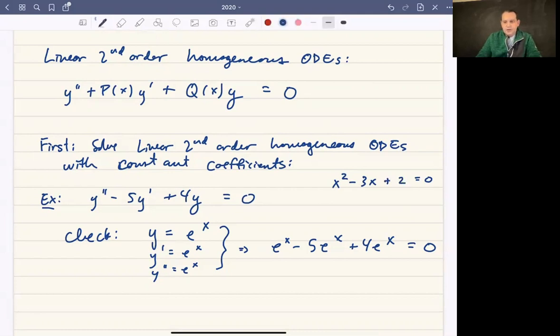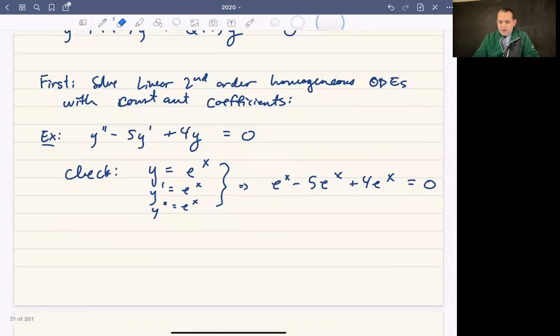That's not what we're doing here. What we're doing when we say that this is equal to 0 is we're thinking of this right side as being the 0 polynomial. So we want to know what are the functions where this is always 0. Okay, so something like e to the x, no matter what x is, that left side is going to be 0. So I just want to emphasize that's a slight subtle difference there.